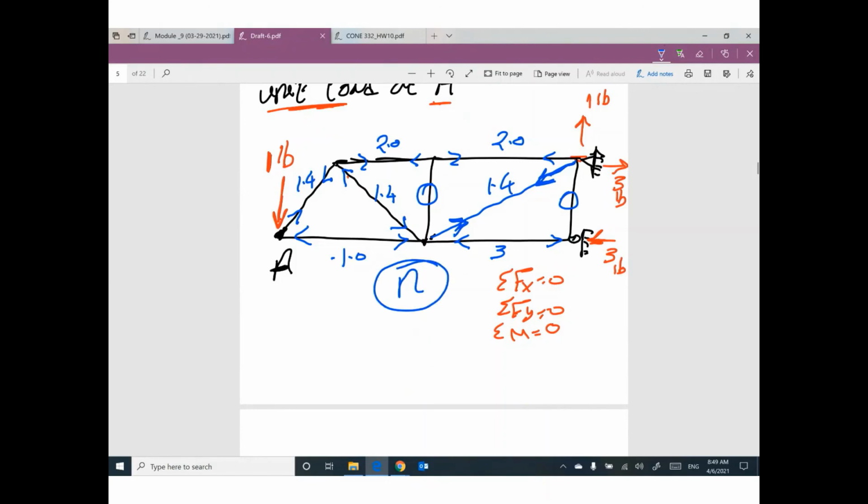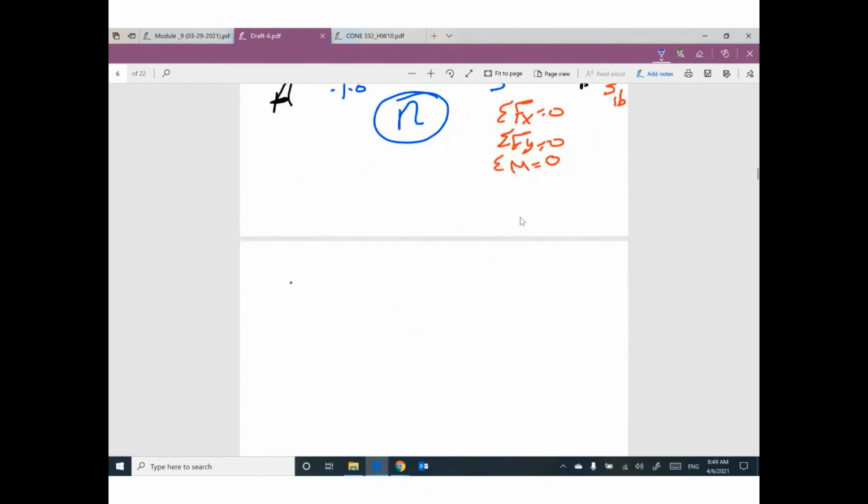I know you will take a long time to solve this truss one more time. The final solution is vertical deflection at point A equals summation of capital N small n times L over EA, and I need to set up a table.